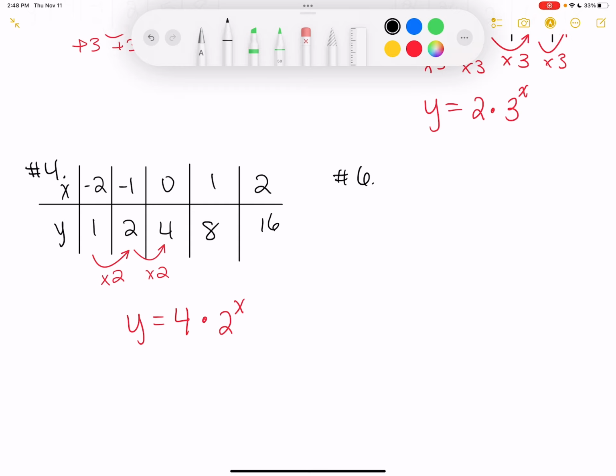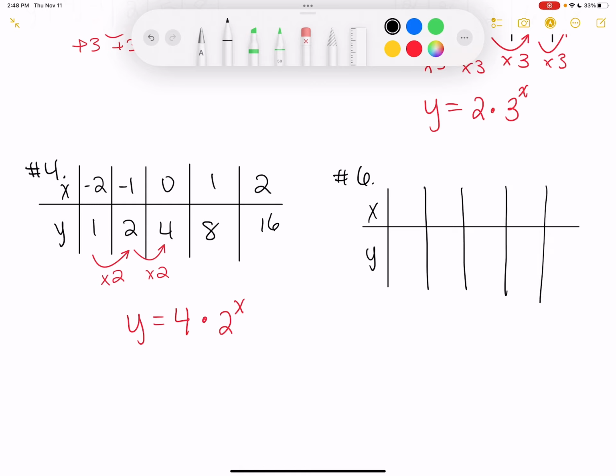So, all right, number 6. Again, we're given a table, with x values and y values 1/8, 1/4, 1/2, 1 and 2.